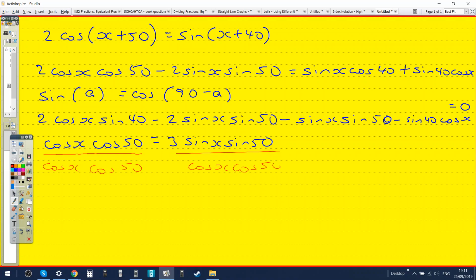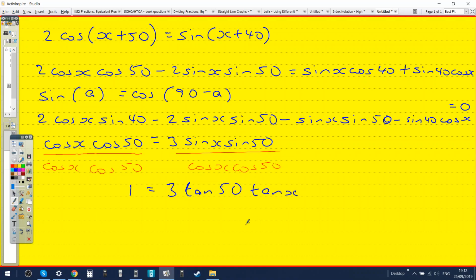So the left hand side would be equal to 1. And the right hand side would be equal to 3 tan x. Anything else? Sin 50 over cos 50, oh, tan 50. Yes. And I'll just swap those two around, and so it's 1 equals 3 tan 50 tan x.